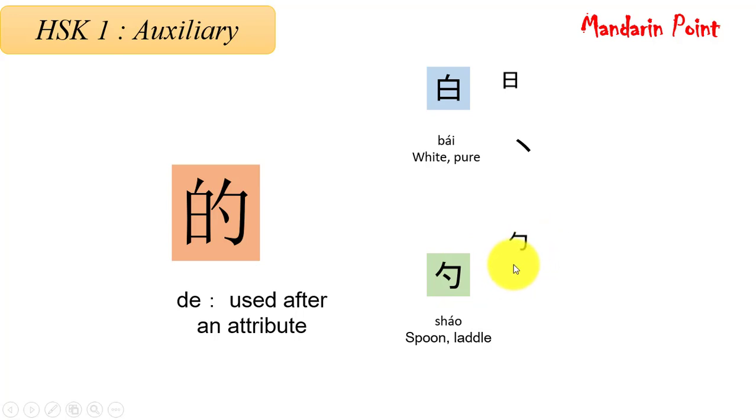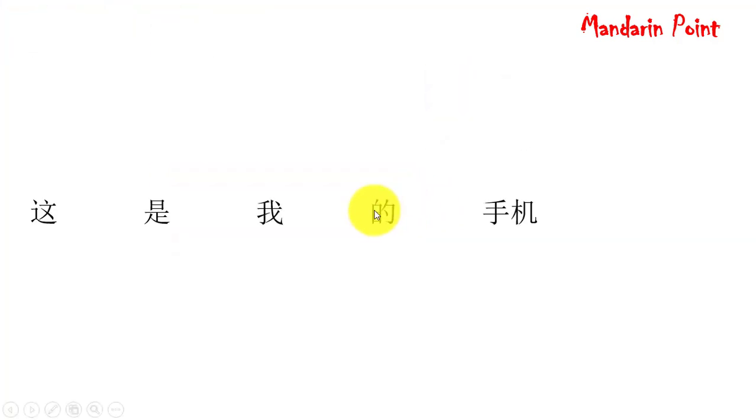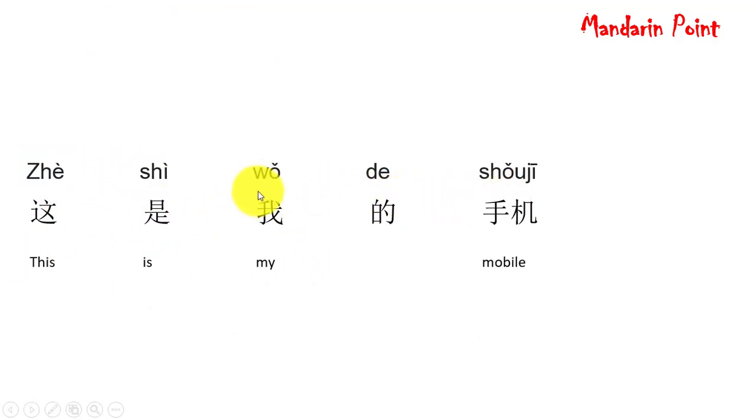Son, it is inch or village, while this one is tian. So this character is composed of these four components, and it is very easy to write these characters as well. Let's find it in an example sentence. 这是我的手机。This is my cell phone or mobile.